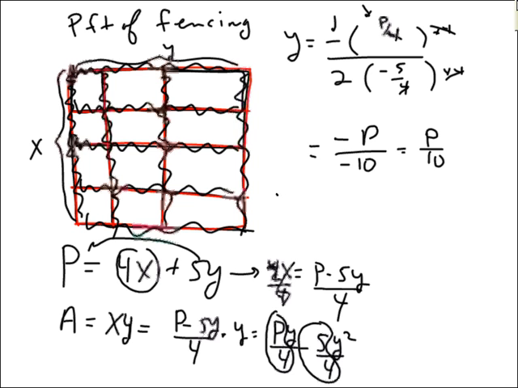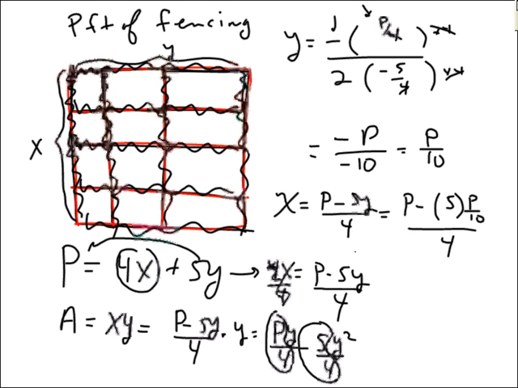And now, to get the x value, you know that x is p minus 5y all over 4. So it's p minus 5 times y, which is p over 10, over 4. It's p minus p over 2. 5 goes into 10 2 times, over 4.